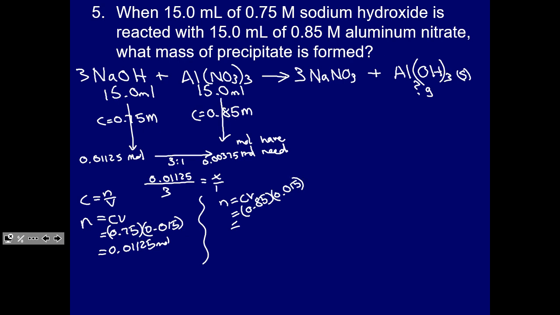What number do we get there? What do you got for moles? 0.01125. That's a 0.85, so it should be a little different. You have the one that goes down. 0.01275 moles.